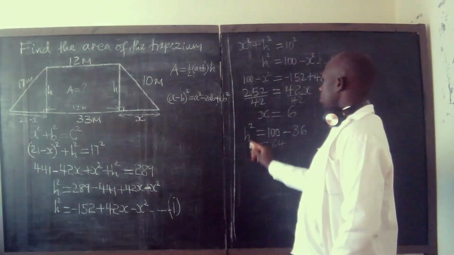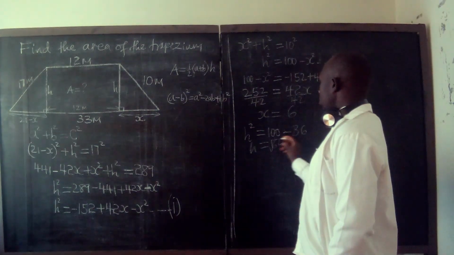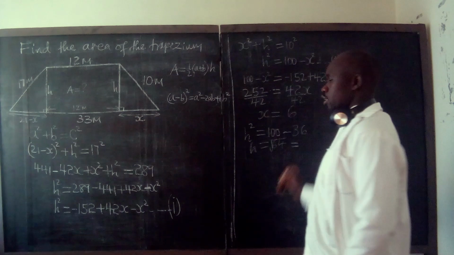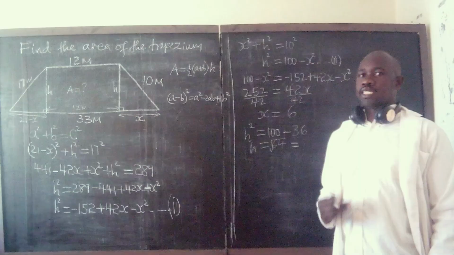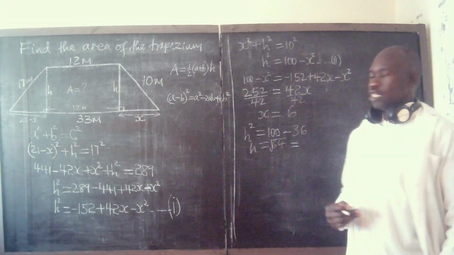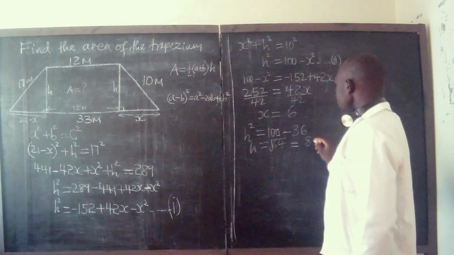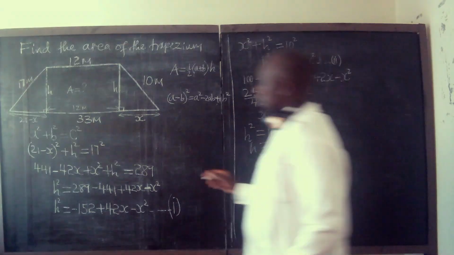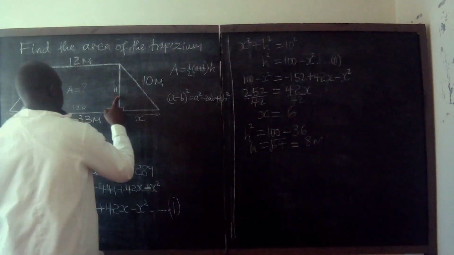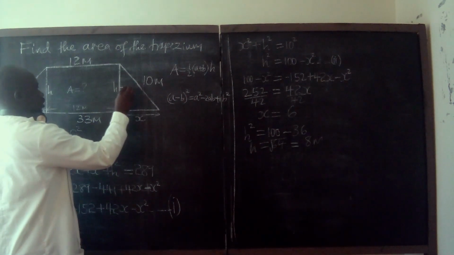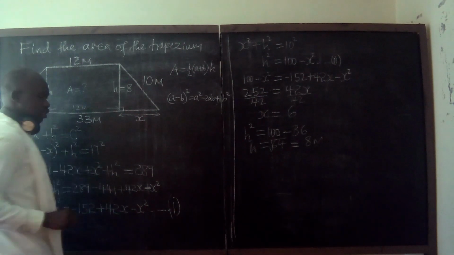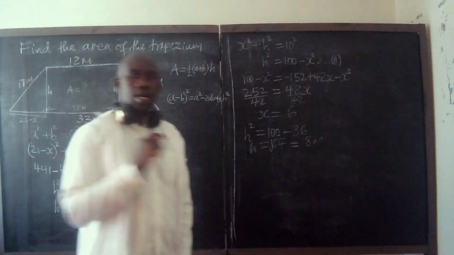Therefore h is the square root of 64. Since we are dealing with length, we only take the positive value. So h is equal to 8. That is the perpendicular height.